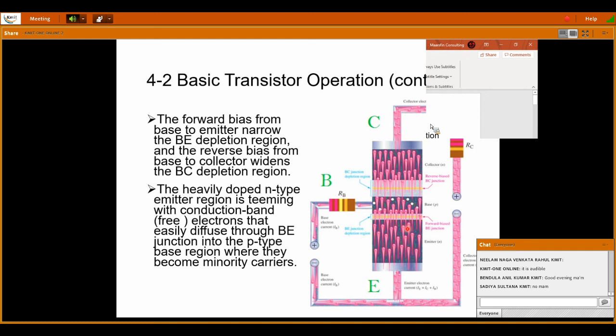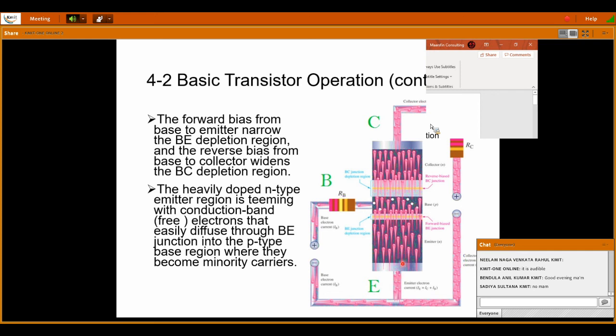So the majority carriers are electrons and the minority carriers are holes in the n-type emitter, whereas in the base, since it is NPN, the majority carriers are holes and the minority carriers are electrons, and in the collector region the majority carriers are electrons and the minority carriers are holes.